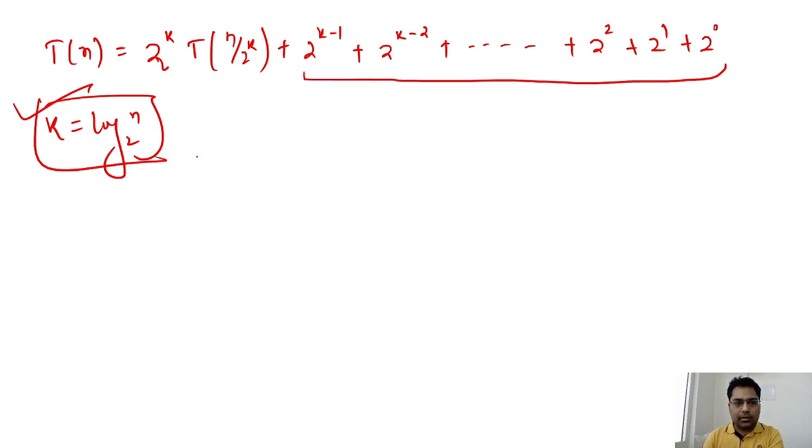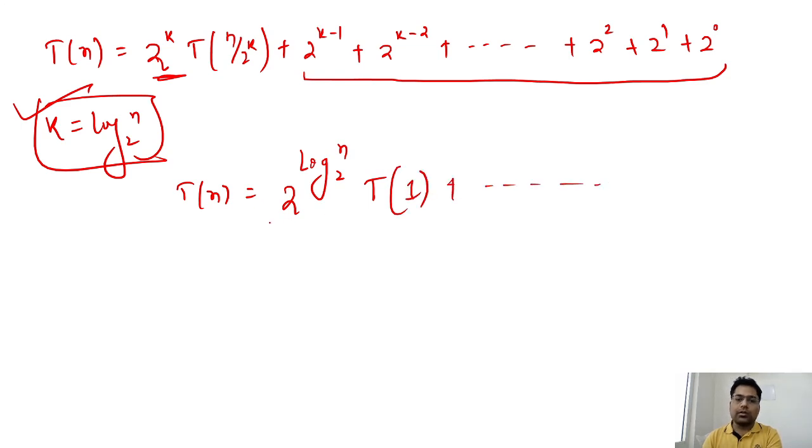So if I apply it here, T(n) will be 2 to the power k value, so 2 to the power log n base 2, then T(1), because you have reached it and just forget about that one. Now this is a direct formula, because 2 to the power k we found as n.